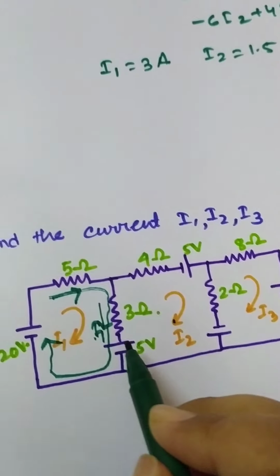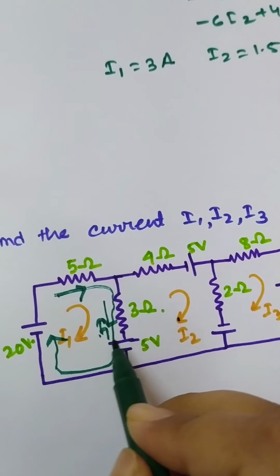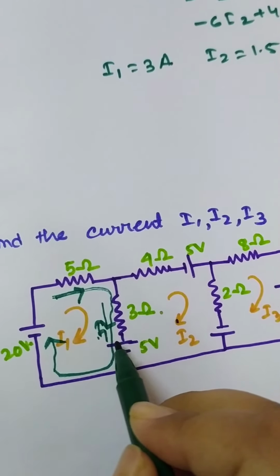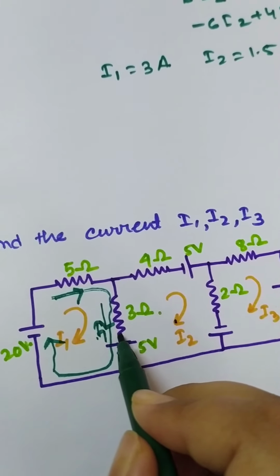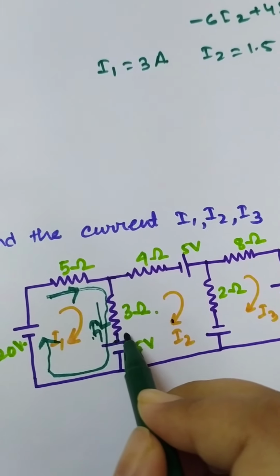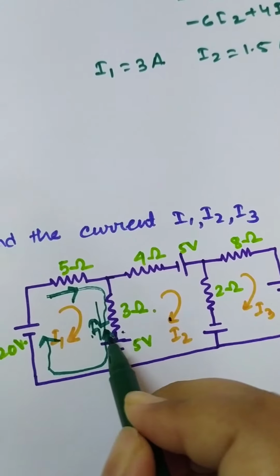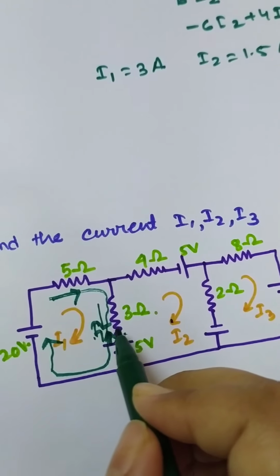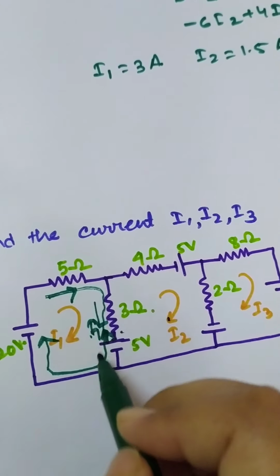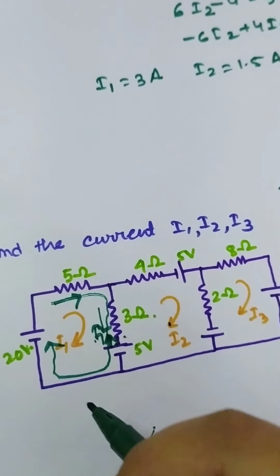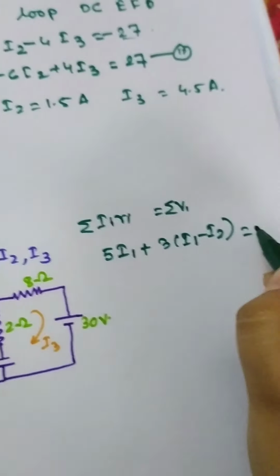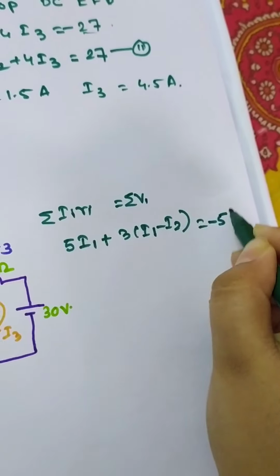and we know that current always goes from the positive electrode. So current should go in this direction, from the positive electrode, but here current is coming in this way, in the downward direction, so this will be wrong. So here we will write minus 5.